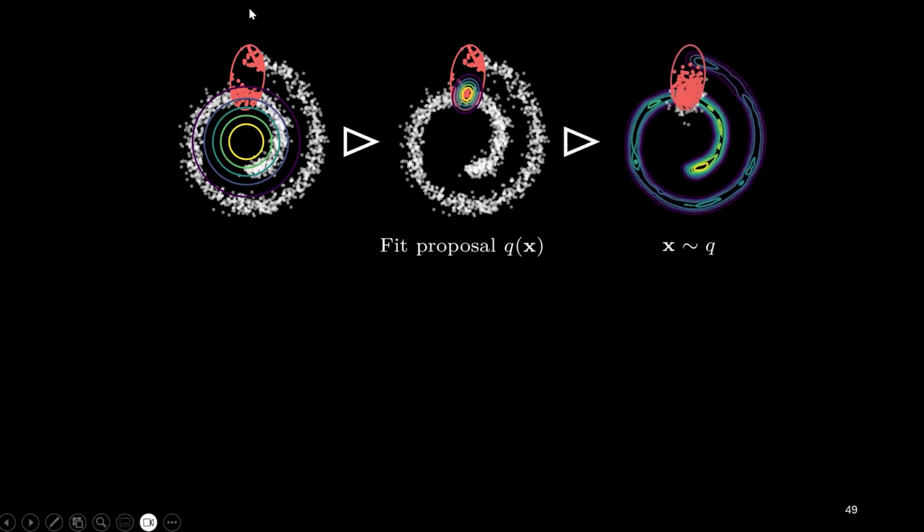But if you notice this distribution on the left, we have two failure modes here for this particular system, and our proposal only found one of them. So when we draw samples from that proposal, not only are we missing this failure mode, which lives right here, but we also have placed lots of samples in this region of vanishingly low density between the two arms of this data set.